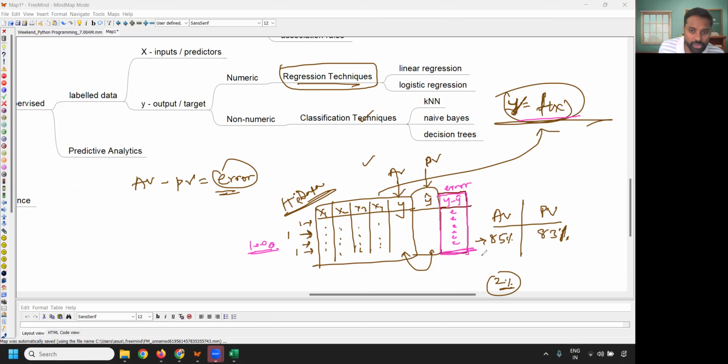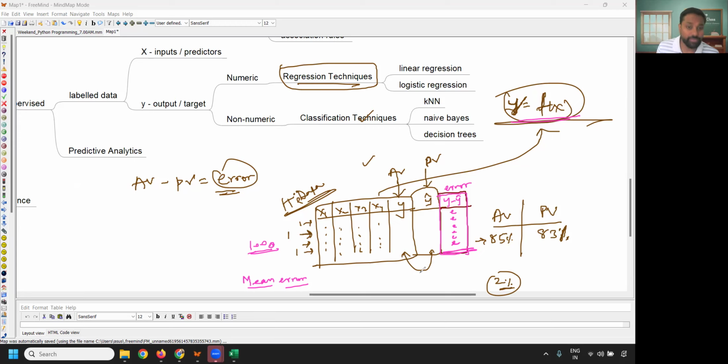So on the errors also, we need an aggregated value, which will be your metric to represent the performance of this equation on the data set. Aggregated error is nothing but a mean calculation. We say mean error. So we need the average of these errors to be used for your metric.